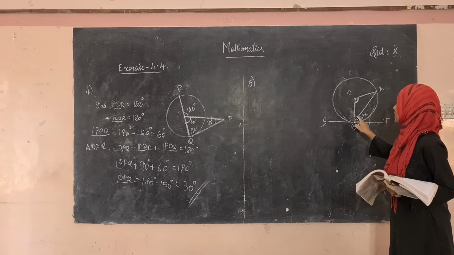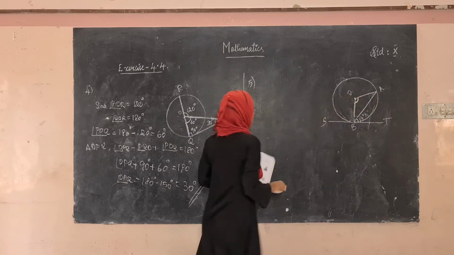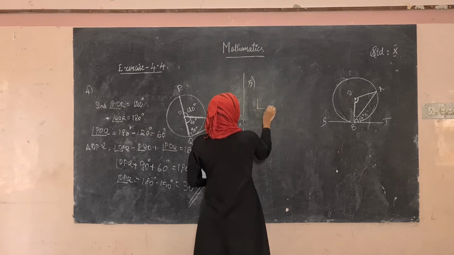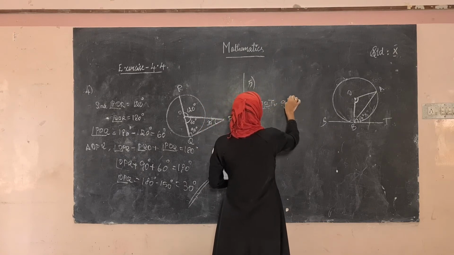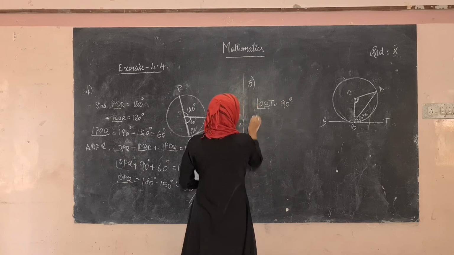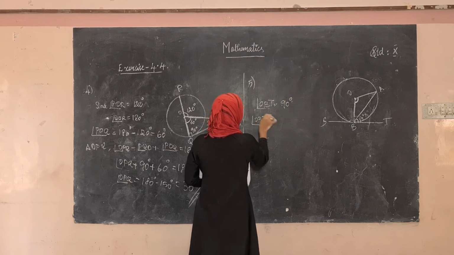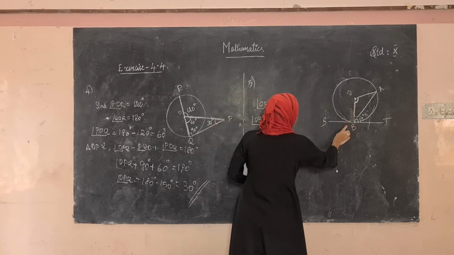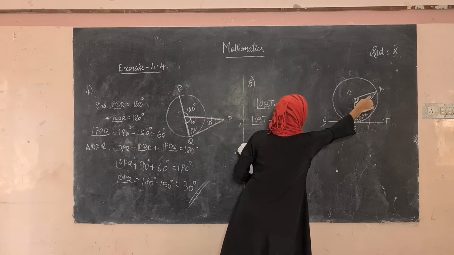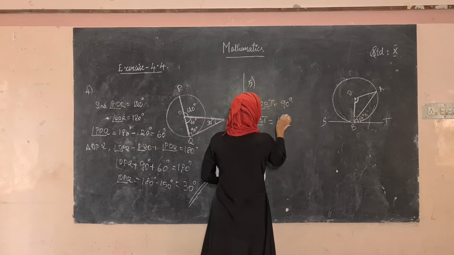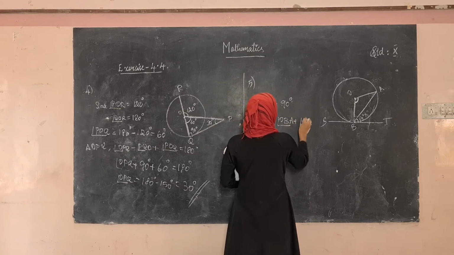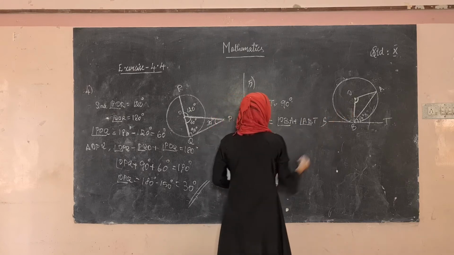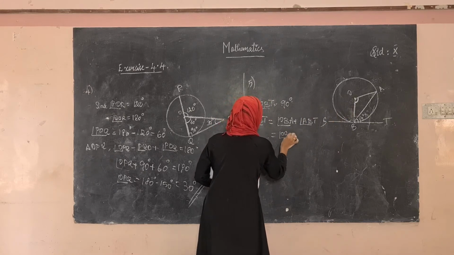What is the balance? So see here, angle OBT is equal to 90 degree. Okay, so angle OBT can be divided into OBA plus ABT. Angle OBA plus angle ABT. What is OBA? We have to find OBA.